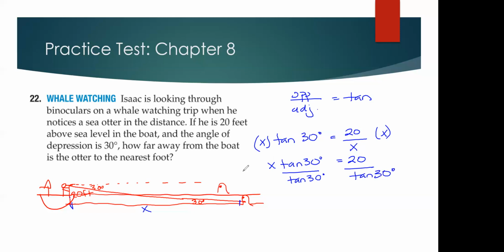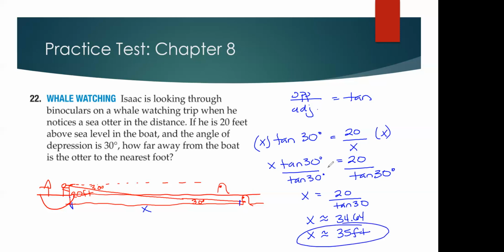Then x is going to be 20 divided by the tangent of 30. When we put that into our calculator, we end up with 34.64. So we would round it to the nearest foot, so that would be 35 feet. So x is equal to 35 feet.